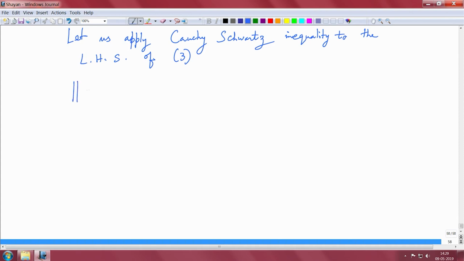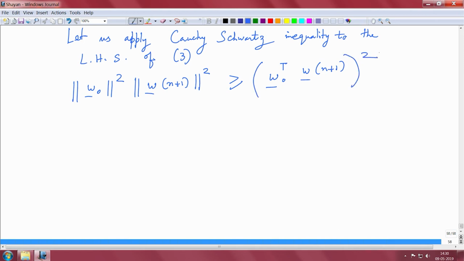The norm of W naught squared, this is the L2 norm, times the norm of W at time n plus 1 squared, is greater than or equal to (W naught times W of n plus 1) squared, right.